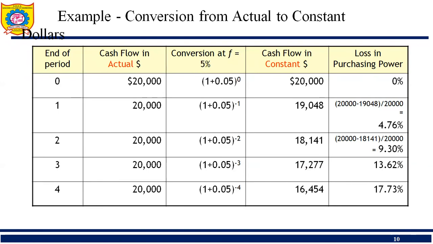This inflation factor is multiplied with the cash flow in actual dollar, and you will get the cash flow in constant dollar. Then after that we get the loss in purchasing power in terms of percentage.